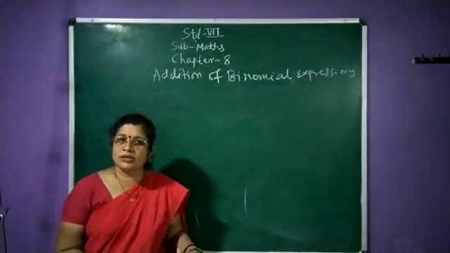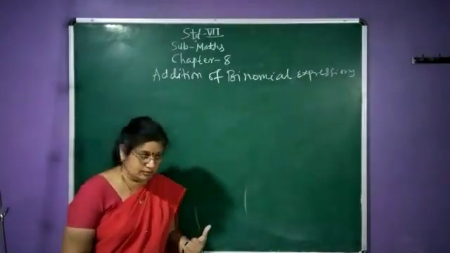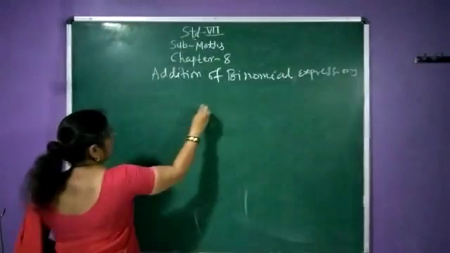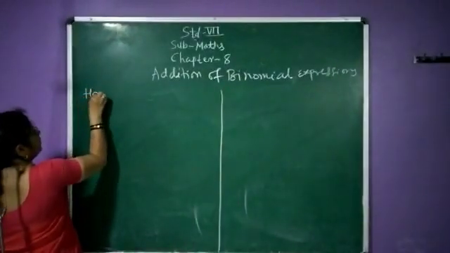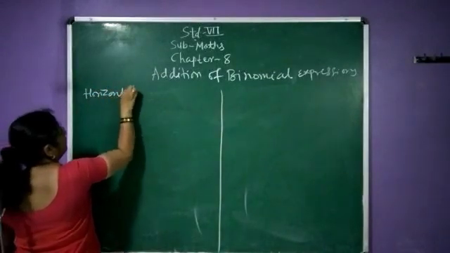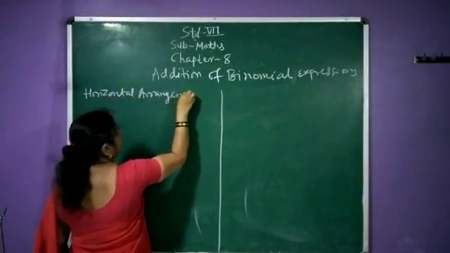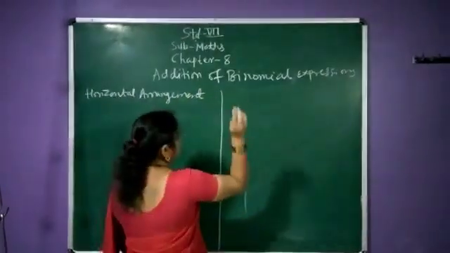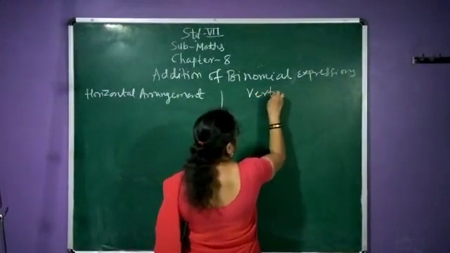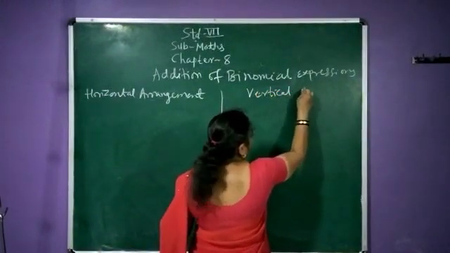One is horizontal arrangement and another method is vertical arrangement. Now I'll make two columns over there. The first method is horizontal arrangement, meaning you have to arrange the binomial expressions in the horizontal way. And another method is vertical arrangement.